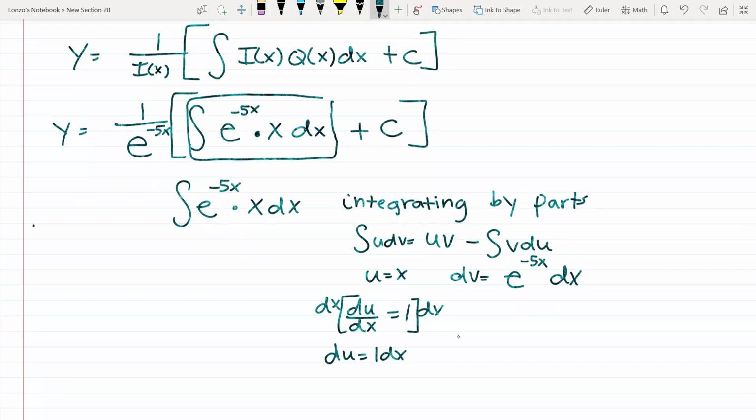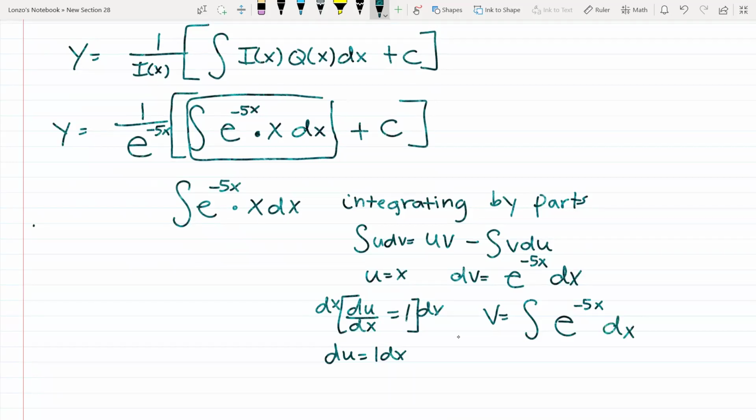So how would I do that? To solve for v, I have to just take the integration of dv, right? Yeah, so it's just the integration of e raised to the negative 5x dx.